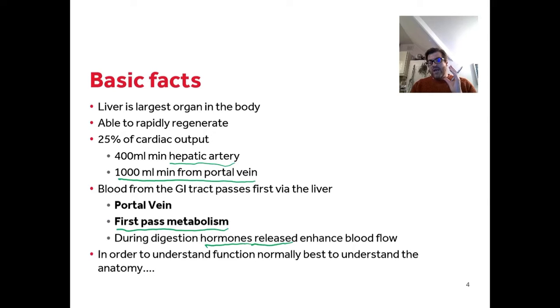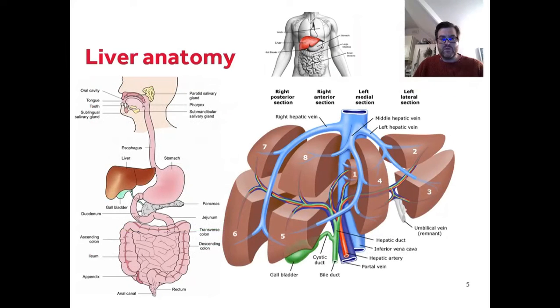Now, as with almost all my lectures, what I want you to understand is that in the function of an organ, you are almost always best to understand the underlying anatomy. So if we first look at where the liver is positioned, you can see the liver is roughly at the same level as your stomach on the right hand side of your body.